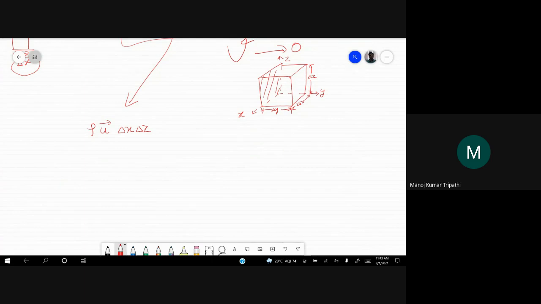For this left face, if you want to write the mass that goes in from the bottom face, that also we can write. The area will change. It will become delta x, delta y, and it will be the vertical velocity there. Right now, this u vector that we have written, this is the velocity in the horizontal direction.